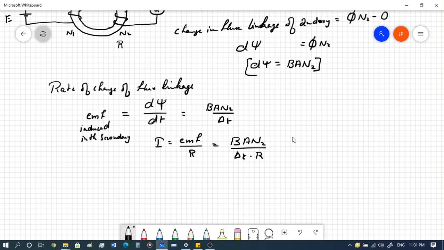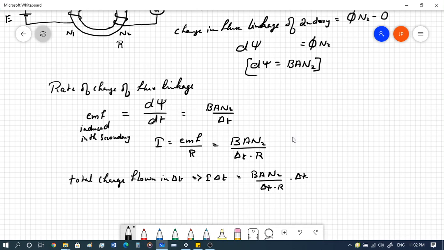So this is the current that would be flowing through the secondary coil, and let's find what is the charge that flows through the secondary coil. So the total charge flown in delta T time can be written as I into delta T, which is equal to B A N2 by delta T into R, into delta T. Delta T and delta T get cancelled.